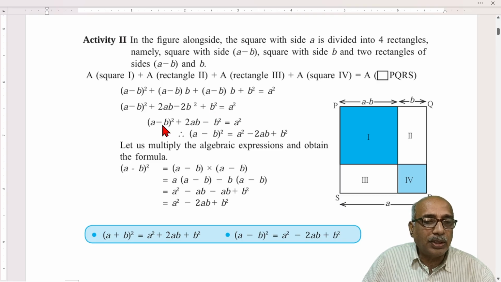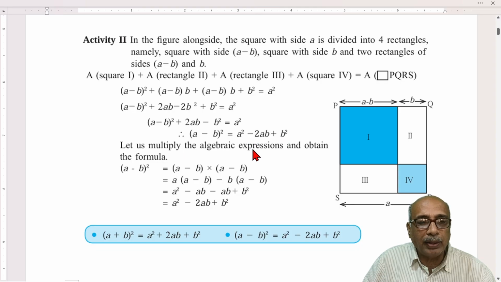Now keep this term here only, a minus b whole square plus twice ab minus b square equals a square, since minus 2b square plus b square is minus b square. Transfer these two terms to the other side. a minus b whole square equals a square minus twice ab plus b square.